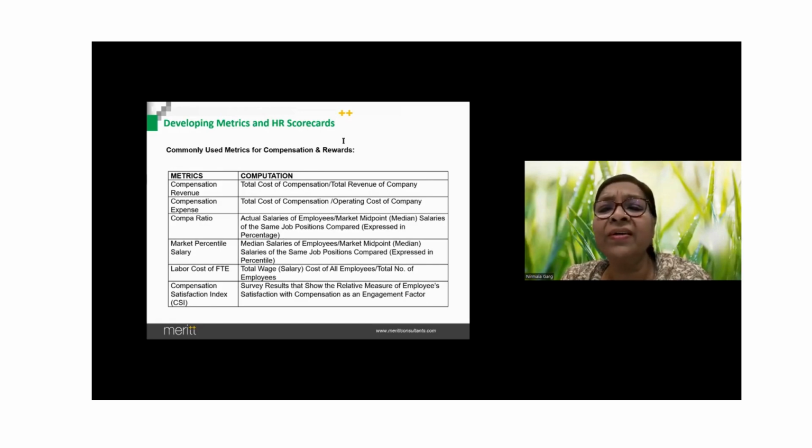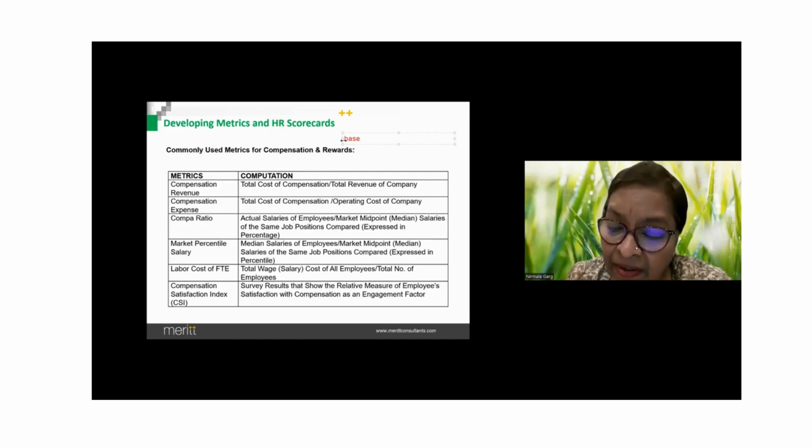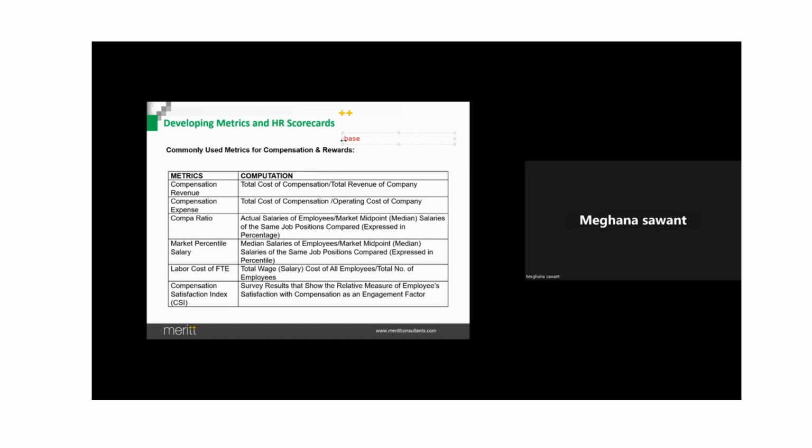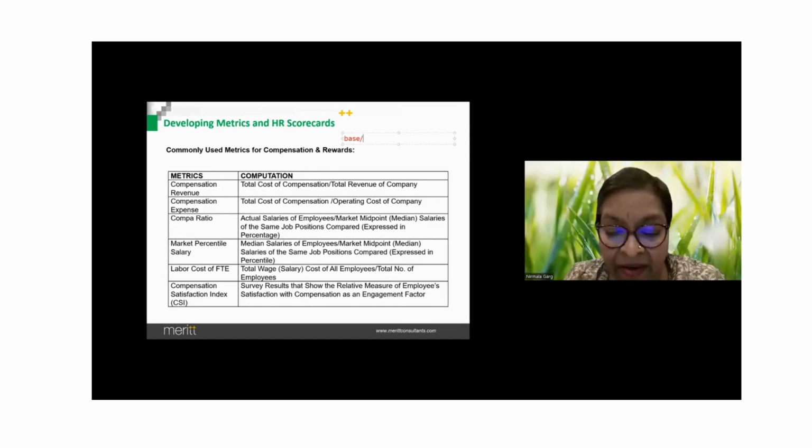It's a ratio of your base salary divided by the midpoint of the salary range, multiplied by 100.